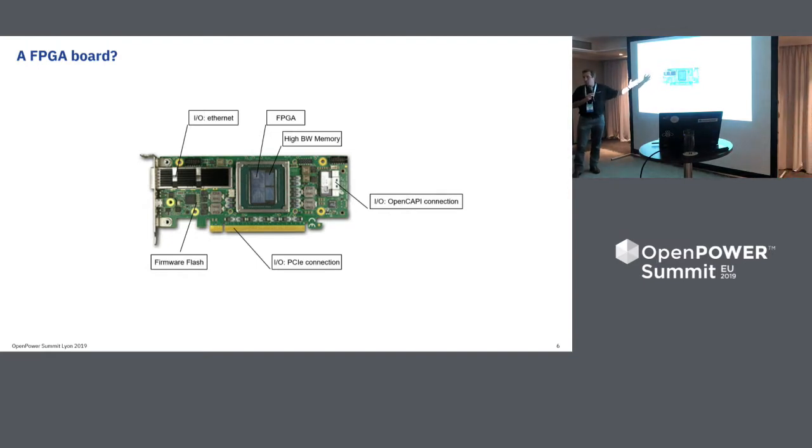Some of the cards you can find will have a huge memory on it with no IO. You can have all the different configurations. You choose the card depending on what you want to process. And you will find a very small flash to host the code for the FPGA.